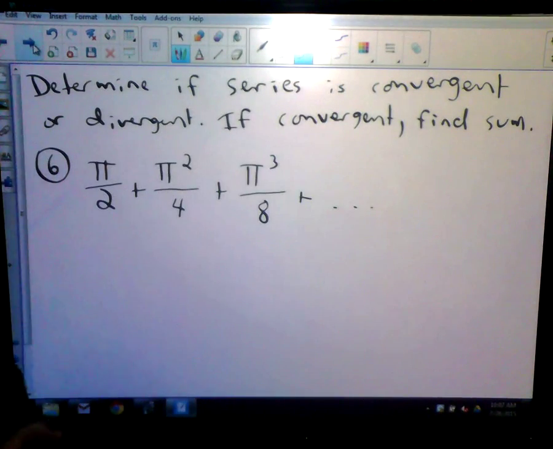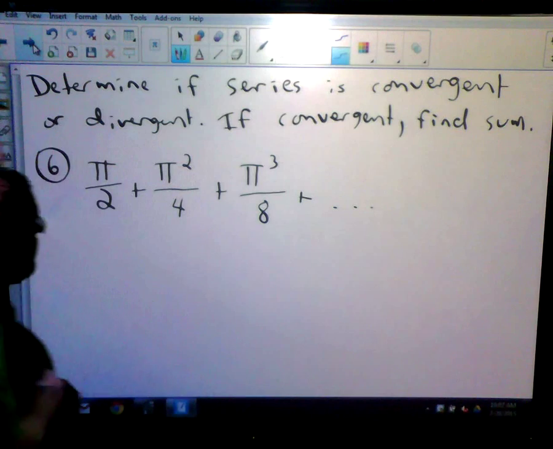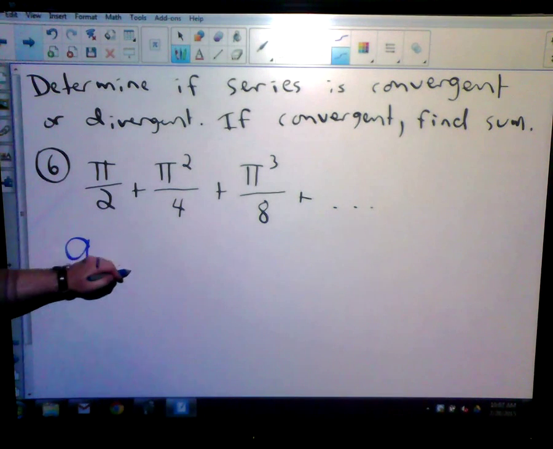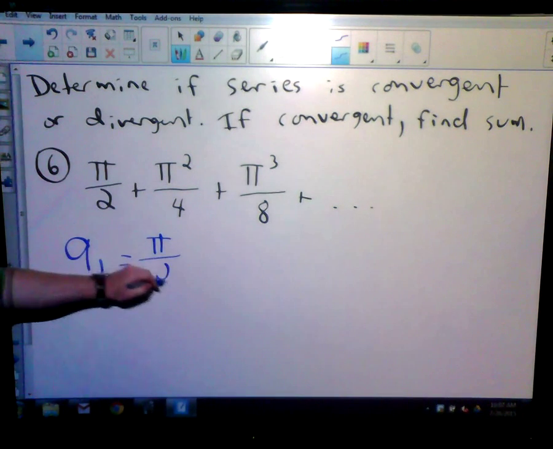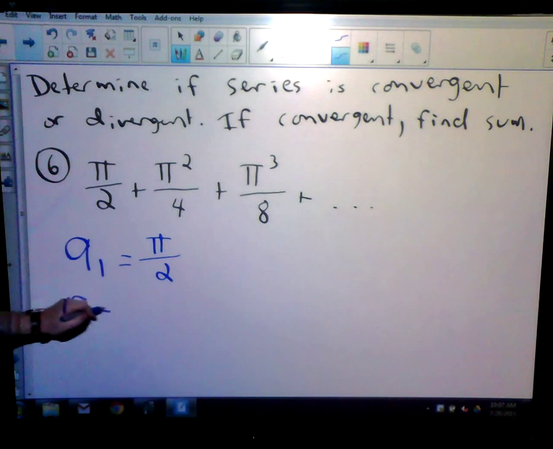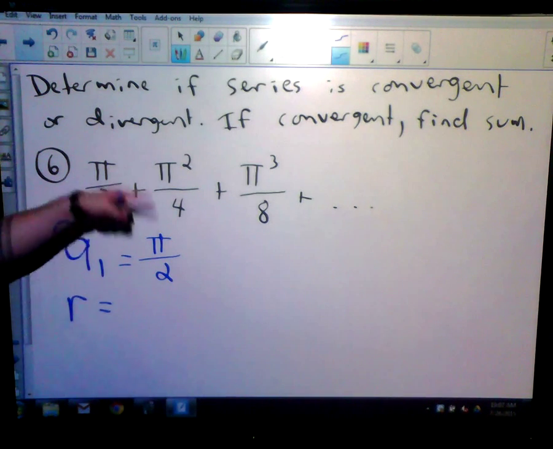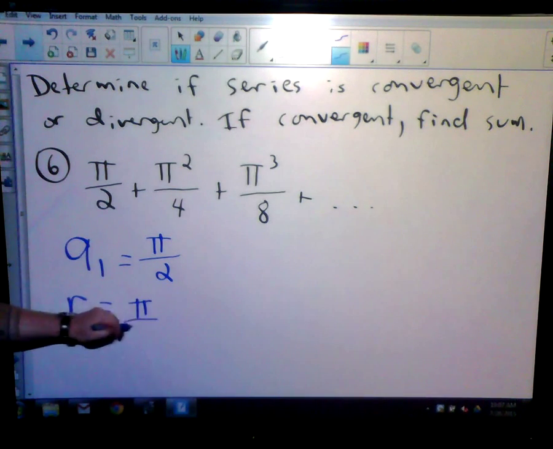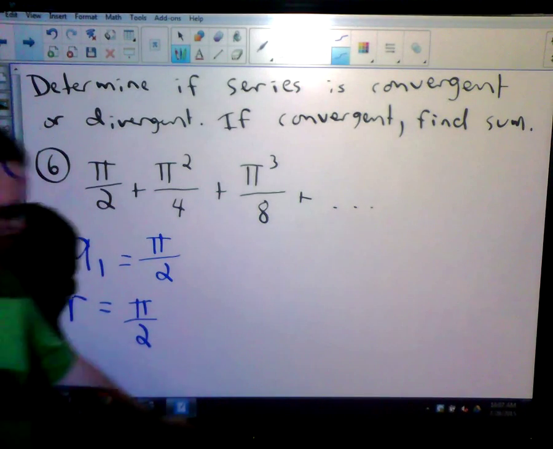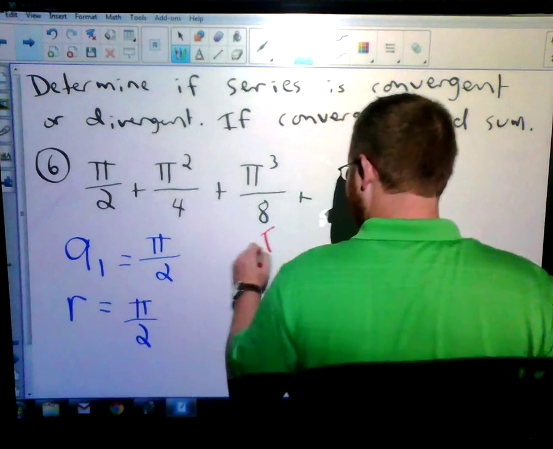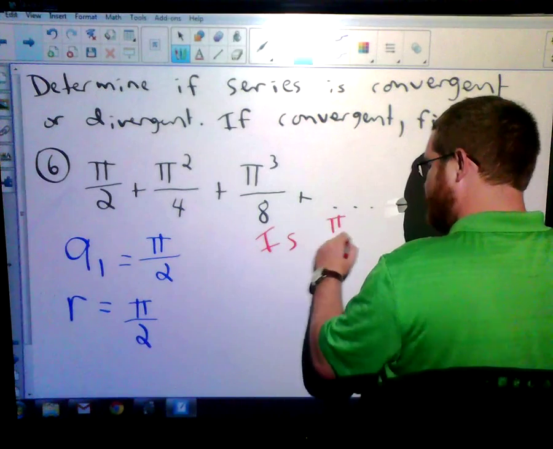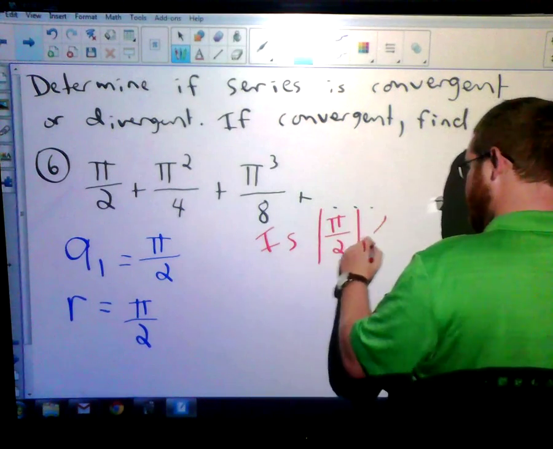Let's take a look at number 6. a sub 1 is pi over 2. That's pretty easy. What are you multiplying by every time here? Well, it appears that you're multiplying by pi over 2. Is pi over 2 less than 1?